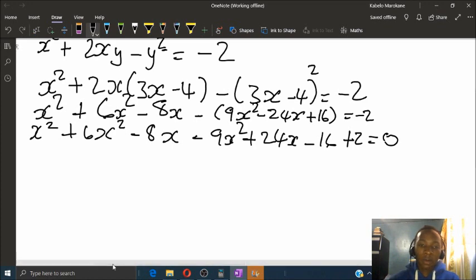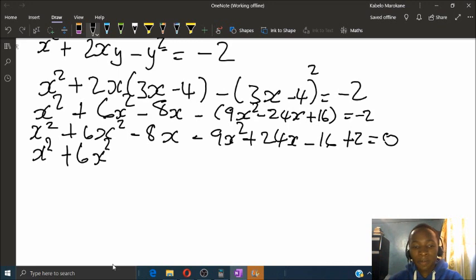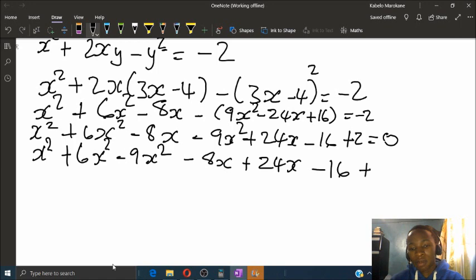Okay, so now what we have to do is to group the like terms. x squared plus 6x squared minus 9x squared minus 8x plus 24x minus 16 plus 2 equals 0.